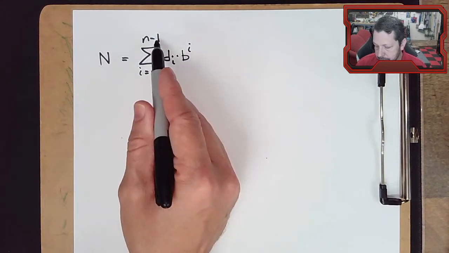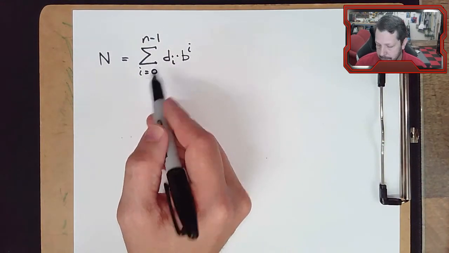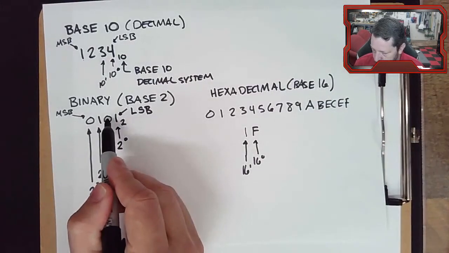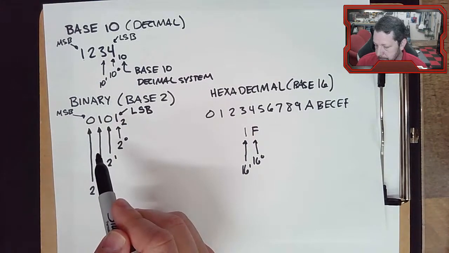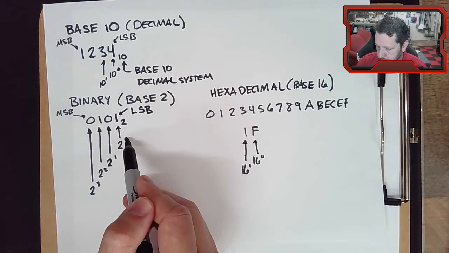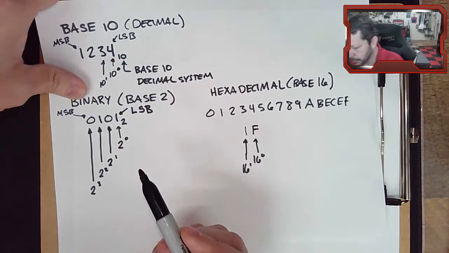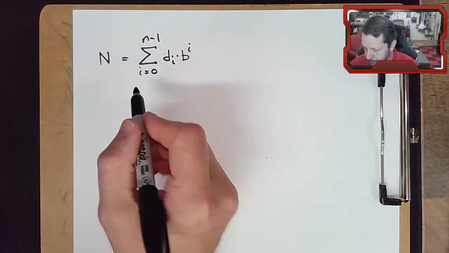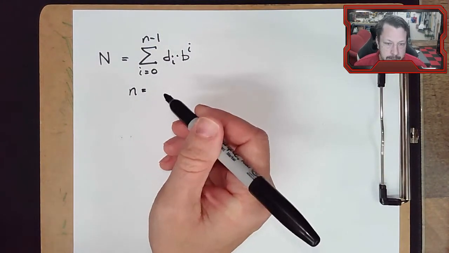You're going to have to subtract 1 off because we're starting at 0. We don't start counting at 1. So even though I have 1, 2, 3, 4 bits in this number, I'm starting with 0. So my index is going to start with 0, 1, 2, 3. So that's why I have to subtract 1 off of the n. So i is the index, n, lowercase n, is the number of digits.